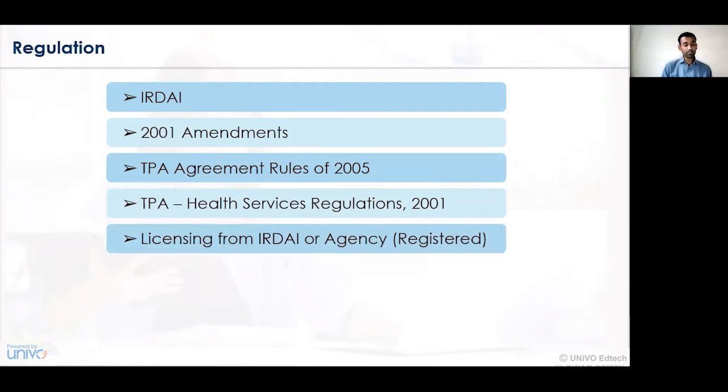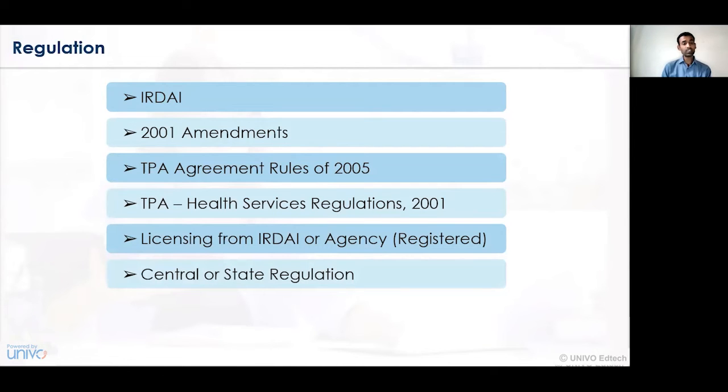At the same time, third-party administrators are also called licensed or registered agents of the respective company. They act as registered agents or licensed people governed and controlled under the purview of IRDAI, and hence they have a proper licensing certificate.